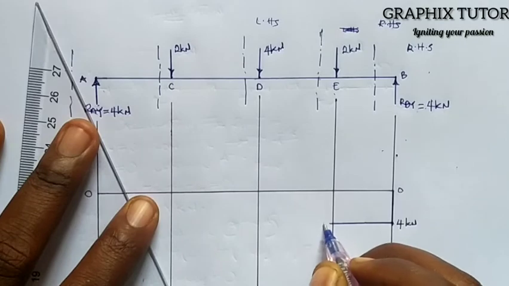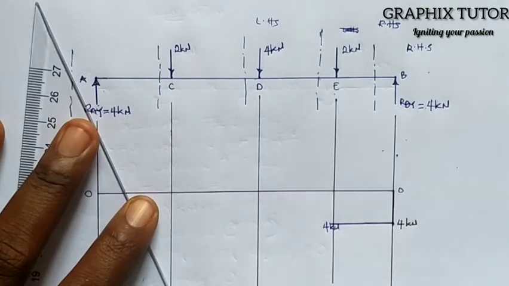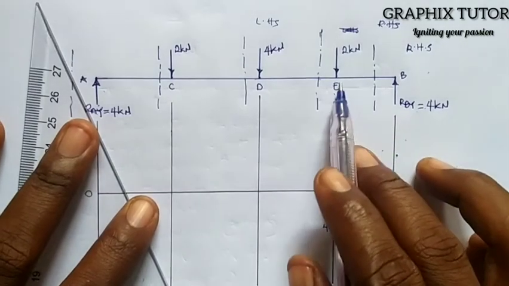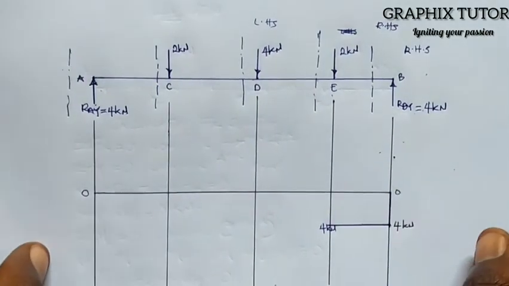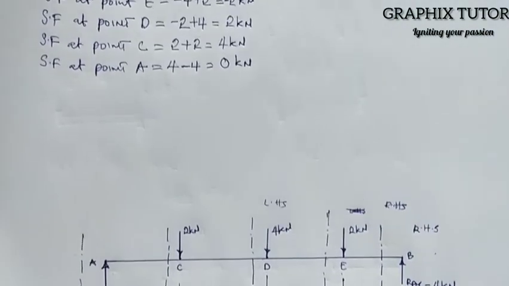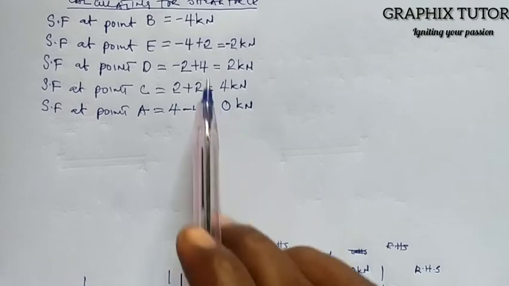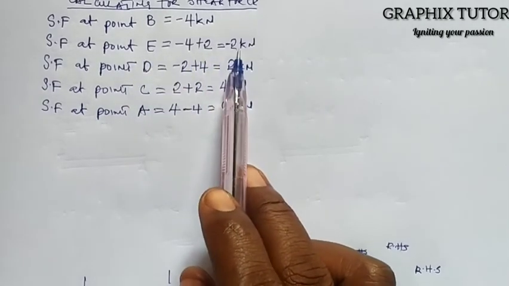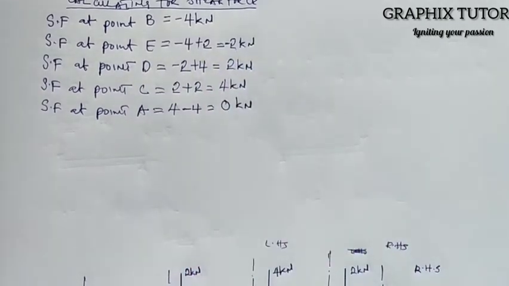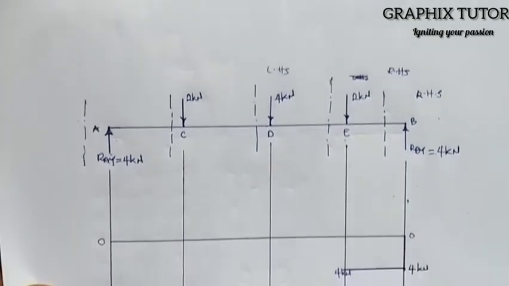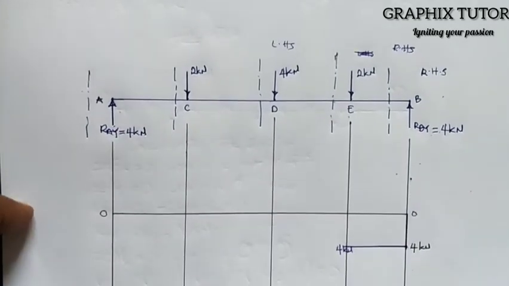So here is also 4 kilonewton. Now, at point E, the force is given to be minus 2. So that means at point E, we're having minus 2.